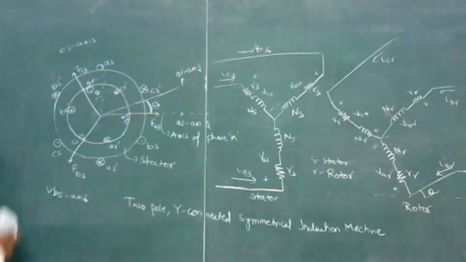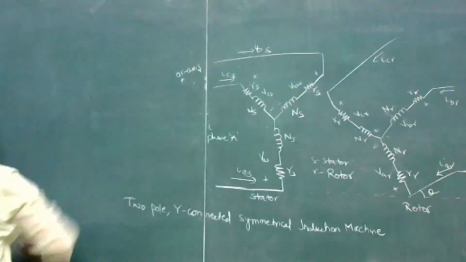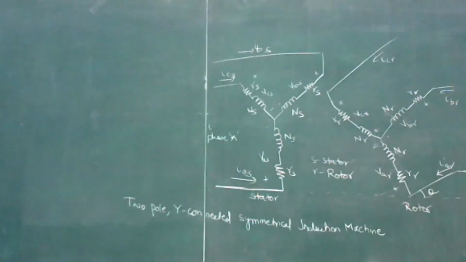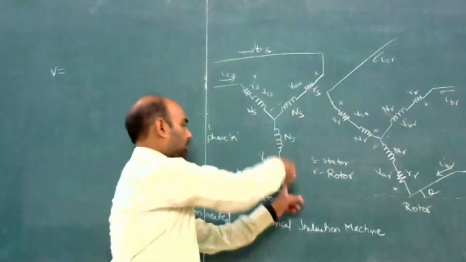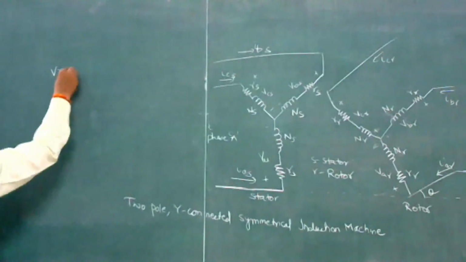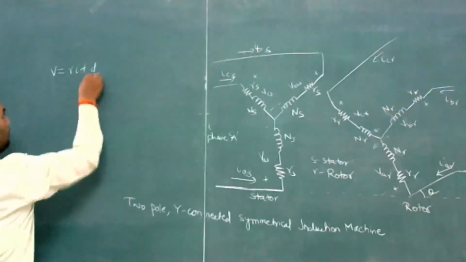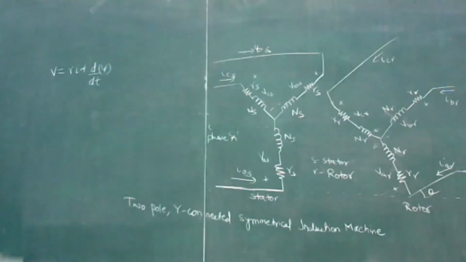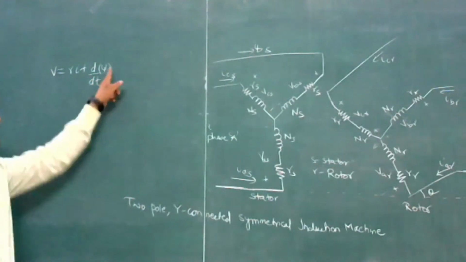Now we will write the voltage equations. The voltage applied to a coil is V equal to the resistance drop R into I plus d by dt of the flux linkage, the rate of change of flux linkage with respect to time.